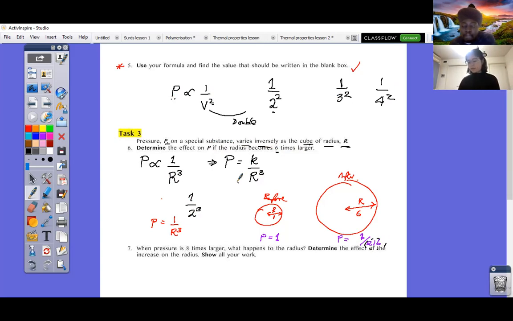If I have P is equal to K over 6R cubed, the R being cubed, how do I continue from that equation?